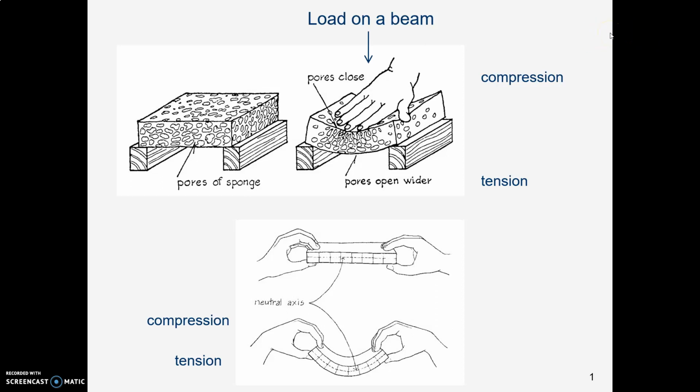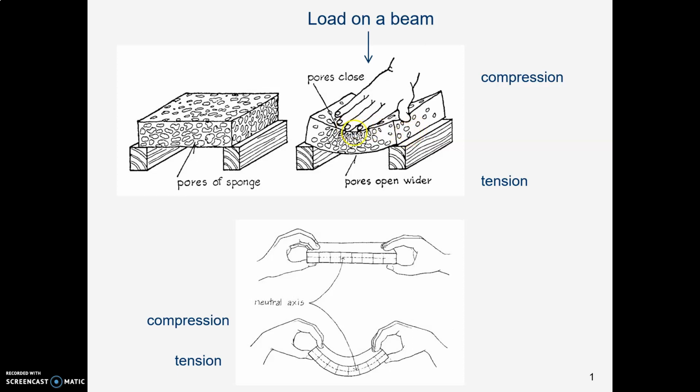You have been thinking for several months about forces, external forces, and how there are two kinds of forces, compression and tension, and how when you put a load on a beam, something happens to that beam. And if you have a big old sponge in your kitchen at home, you could actually demonstrate this in real life.